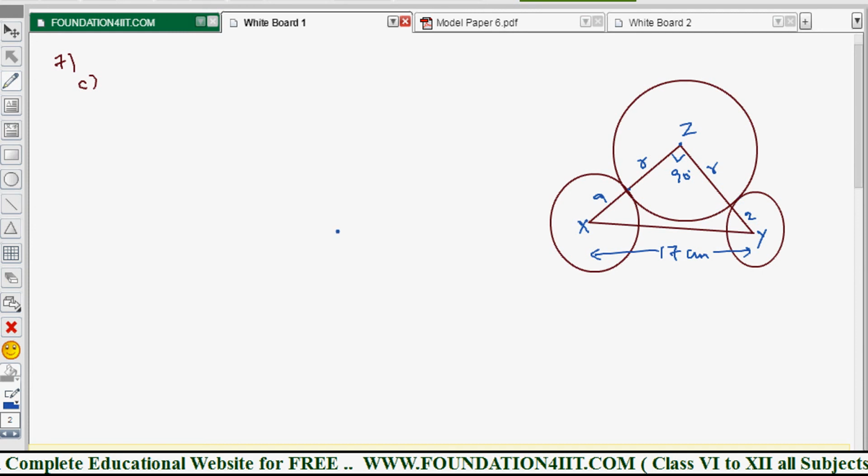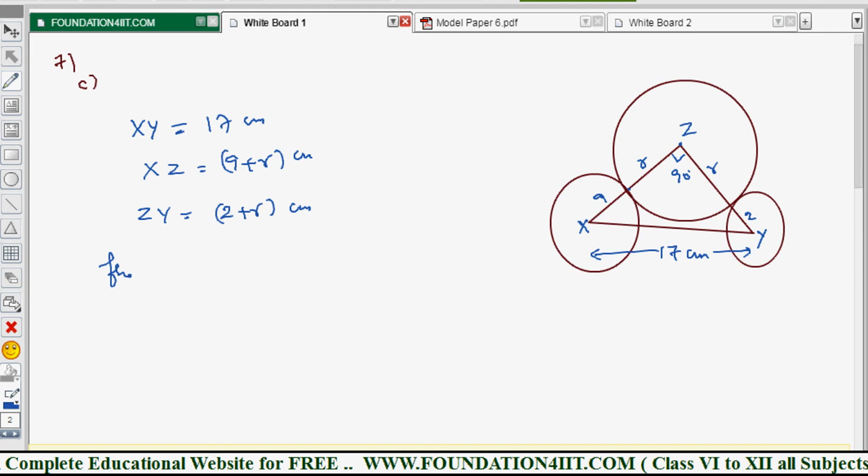From the problem, XY is given as 17 centimeters, XZ is 9 plus r centimeters, and ZY is 2 plus r centimeters. So it's a right angle triangle, so we'll use the Pythagoras theorem.